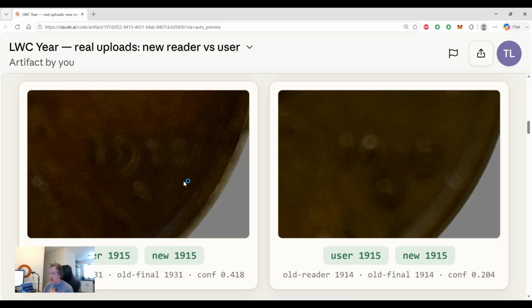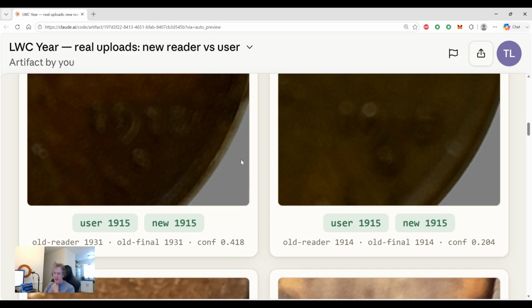I take a lot of these pictures, and I have some issues getting it perfect, so we have some work to do on that front. But you can see what the reader has to deal with here. It's a lot of really difficult images.